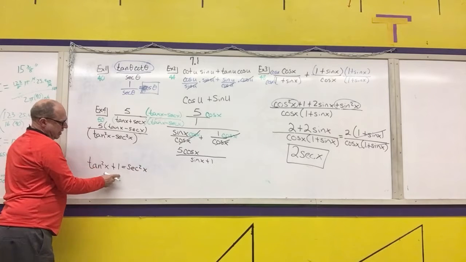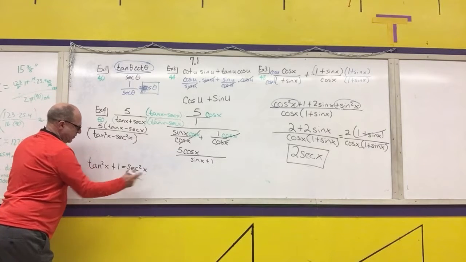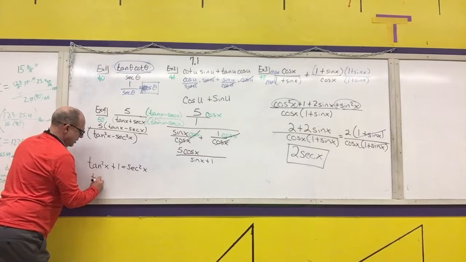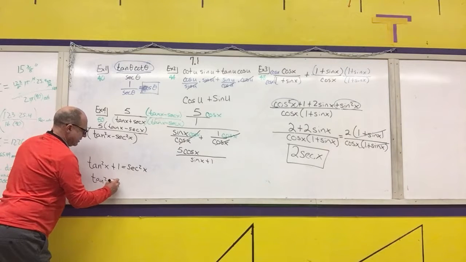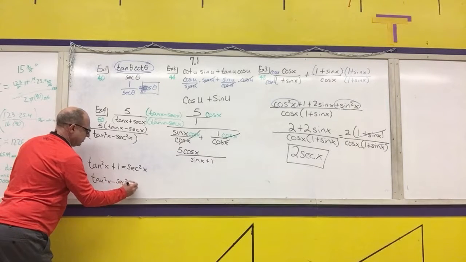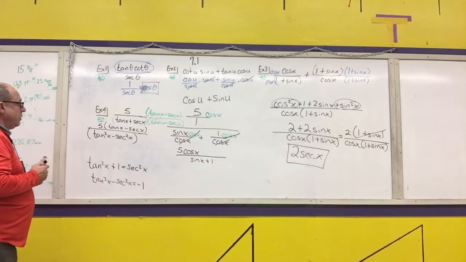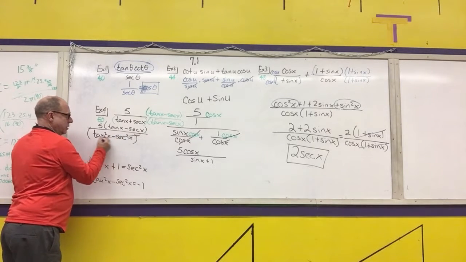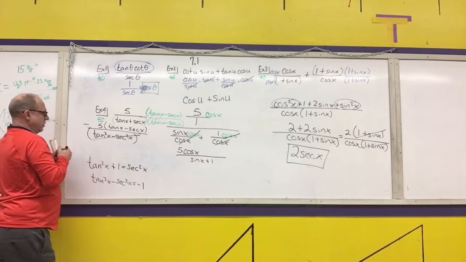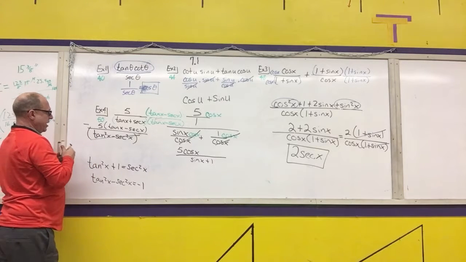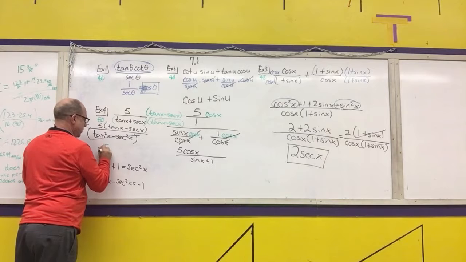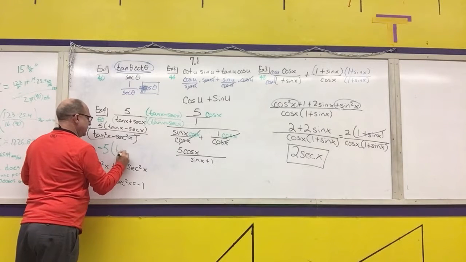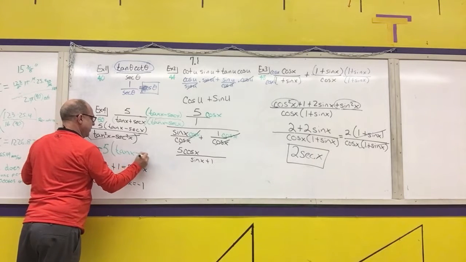If I subtract the secant squared x from both sides and subtract 1 from both sides, I get tangent squared x minus secant squared x equals negative 1. So this term right here is just a negative, and I would get my final answer as negative 5 times the tangent of x minus the secant of x.